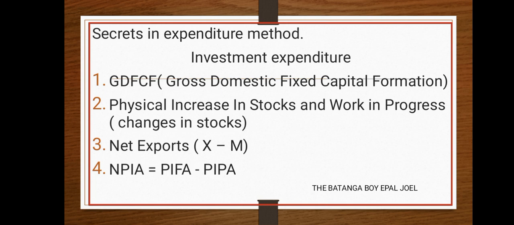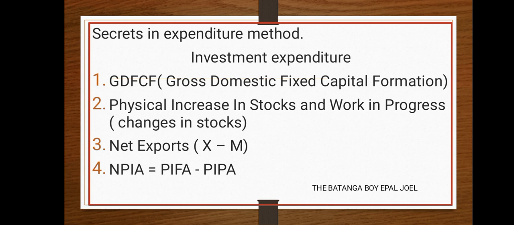But if it is not like that, they will want you to calculate changes in stock. And if they want you to calculate changes in stock, this is what they will do. They will give you the stock of goods at the beginning of the year and the stock of goods at the end of the year. So what you will see in the data is that they will write stocks on January 2017, then lastly they will give you stocks on December 2017 for that same year.